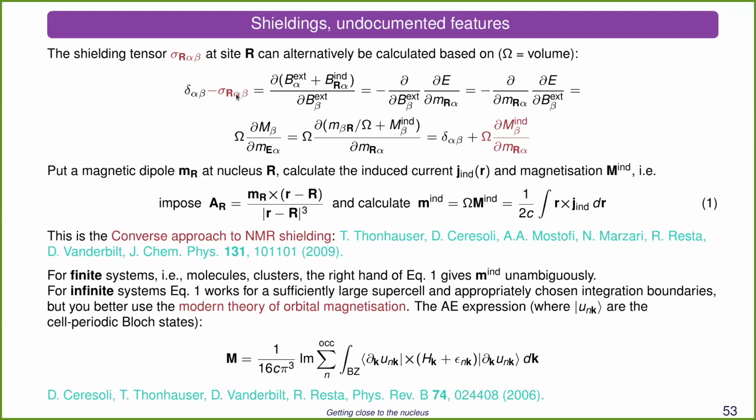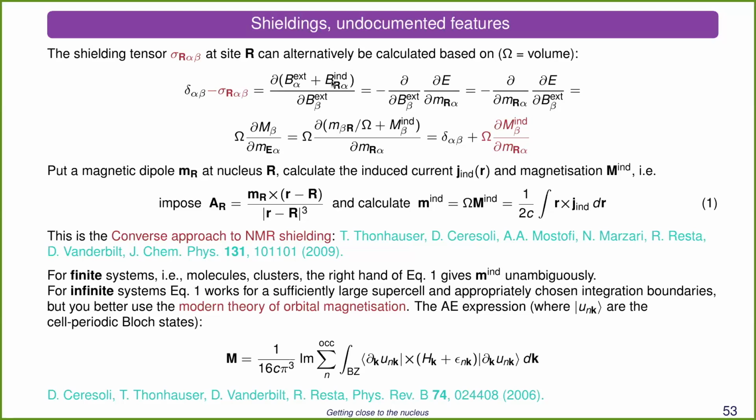And the shielding tensor you see over here. What is it? You apply an external field and you see what the induced field is. So this part is the shielding tensor, and this delta is just this thing over here. But if you now look at this derivative, you can ask what these fields are.